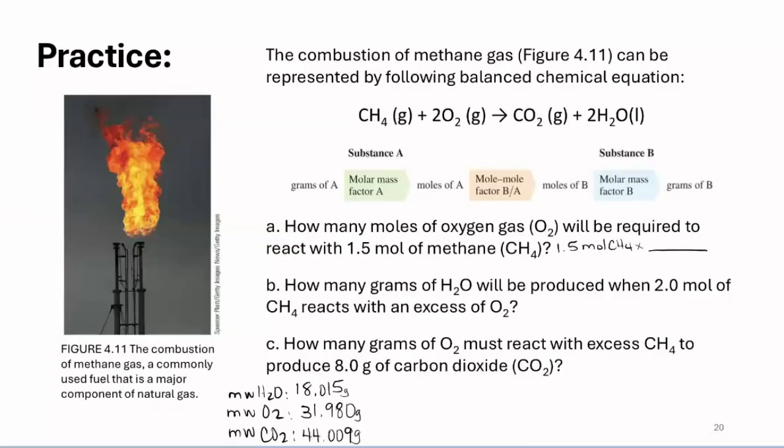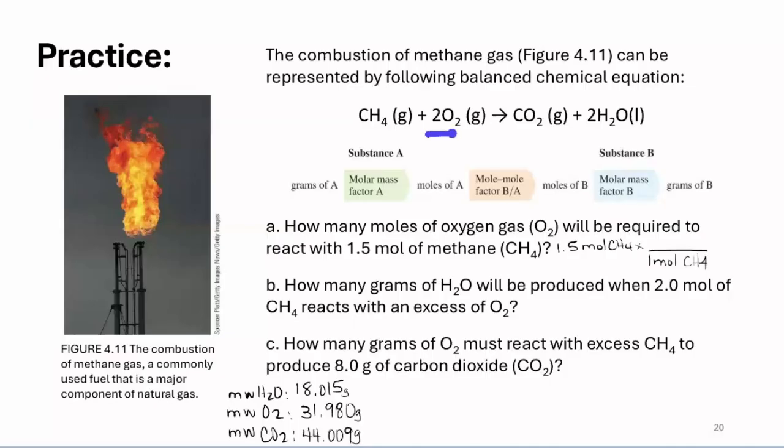The mole to mole factor is going to come from the coefficient of methane in my chemical reaction. When we look closely at it, there's nothing written, so there's a 1, because that's the unit that I'm trying to cancel. I'm going to write in the bottom 1 mole of CH4. The moles that I'm trying to discover is O2.